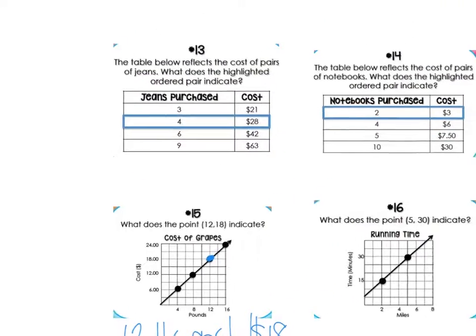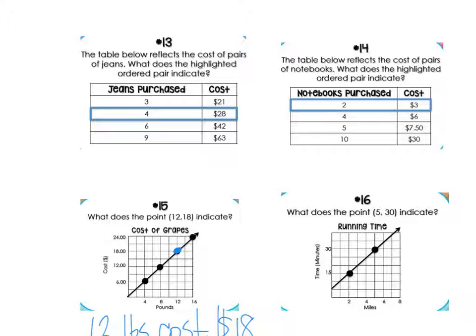What do these questions up here want to know? What does the highlighted ordered pair indicate? All right, so this would be the ordered pair 4, 28. What does that mean? That means for every 4 of these, we end up paying $28, right?